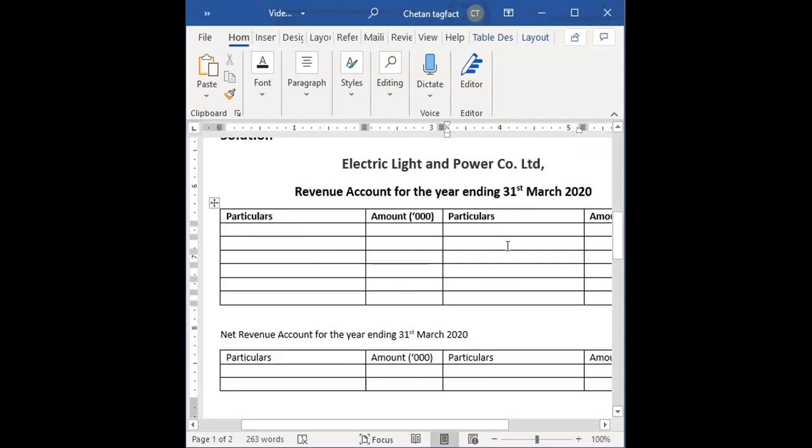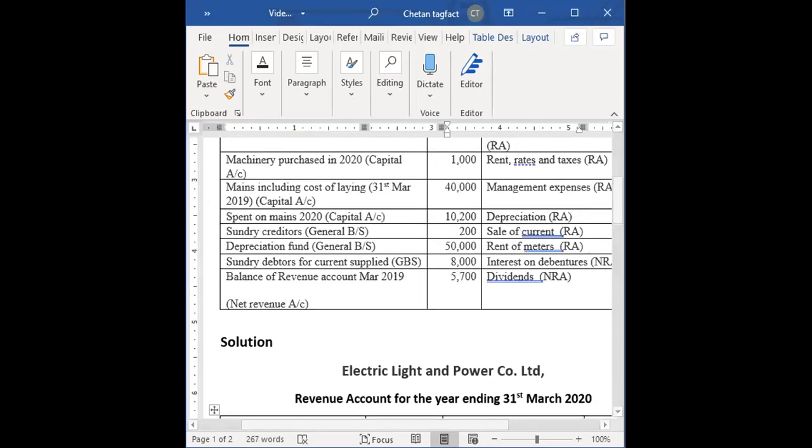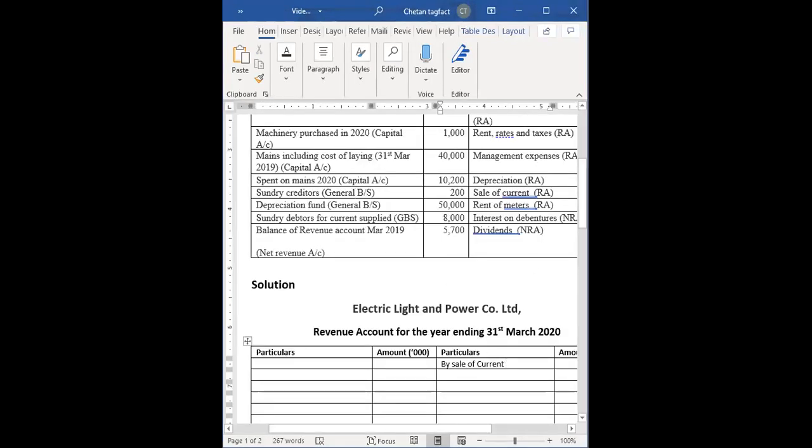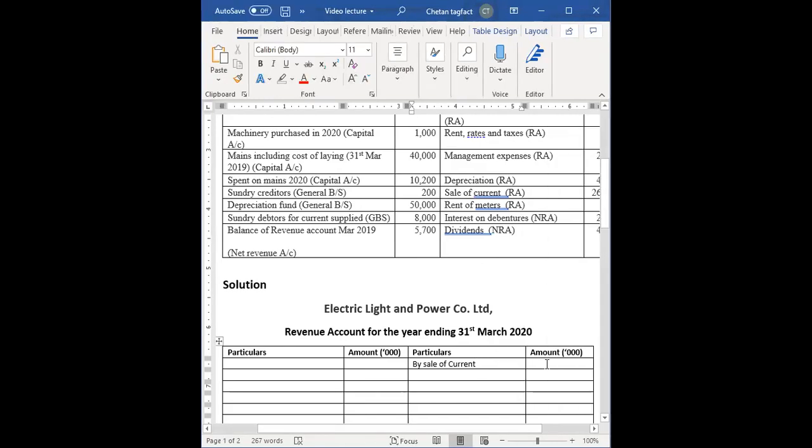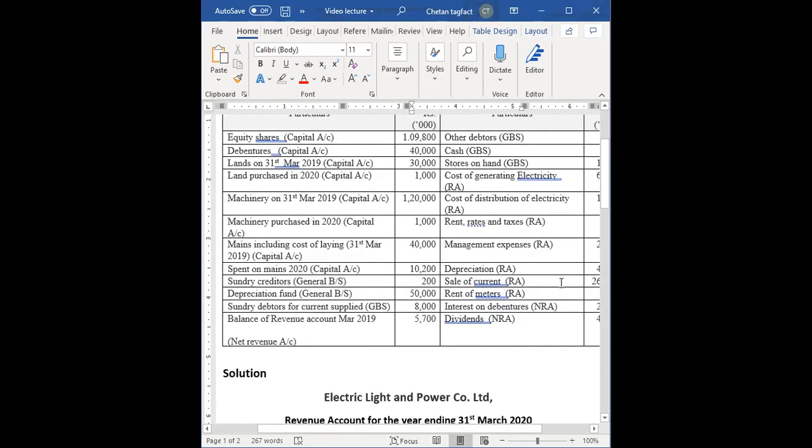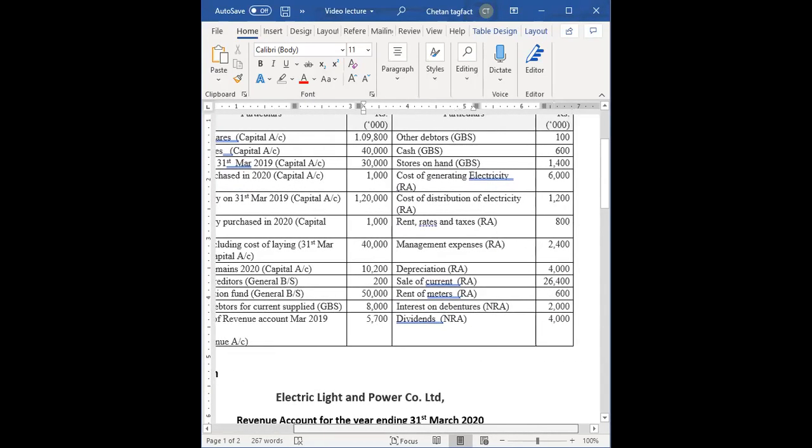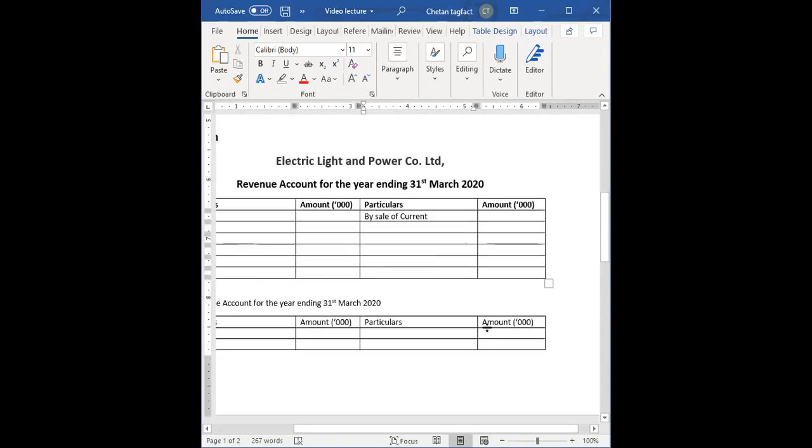It is by sale of current. So how much is our sale of current? Our sale of current is 26,400.